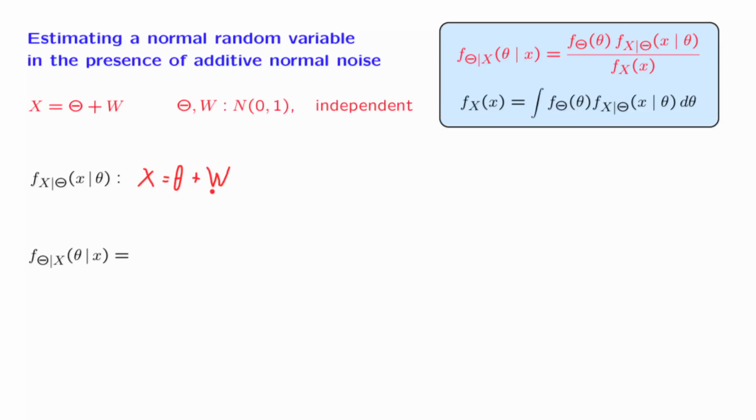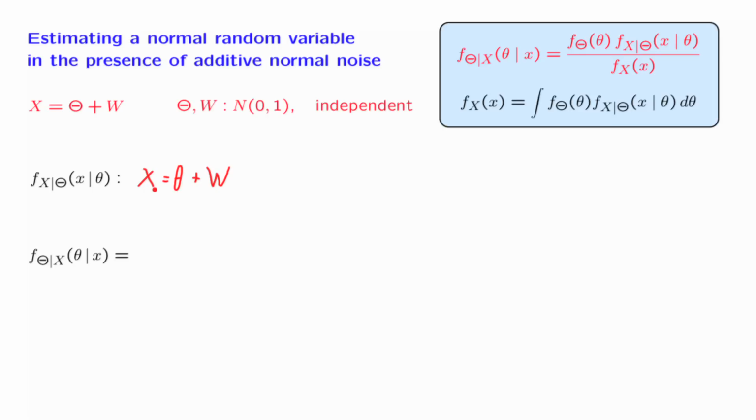Now, W is independent of theta. So, even though I have told you the value of theta, the distribution of W does not change. It is still a standard normal. So, X is a standard normal plus a constant theta. What that does is that it changes the mean of the normal distribution, but it will still be a normal random variable.